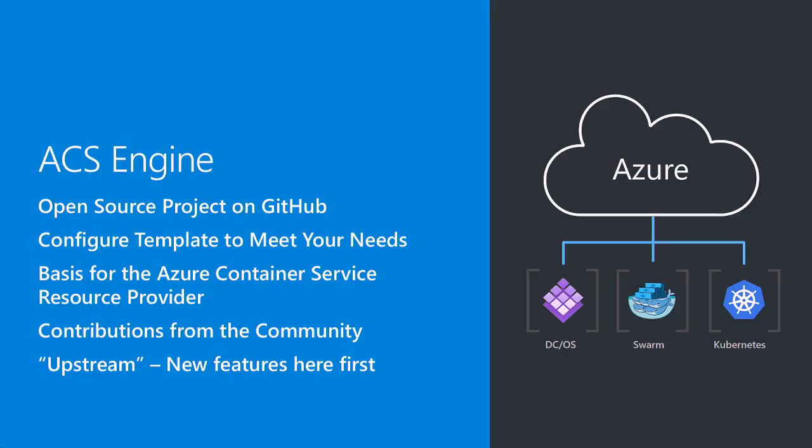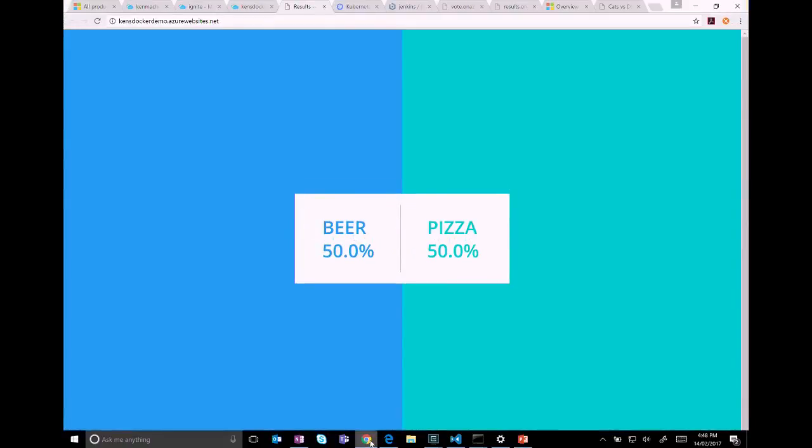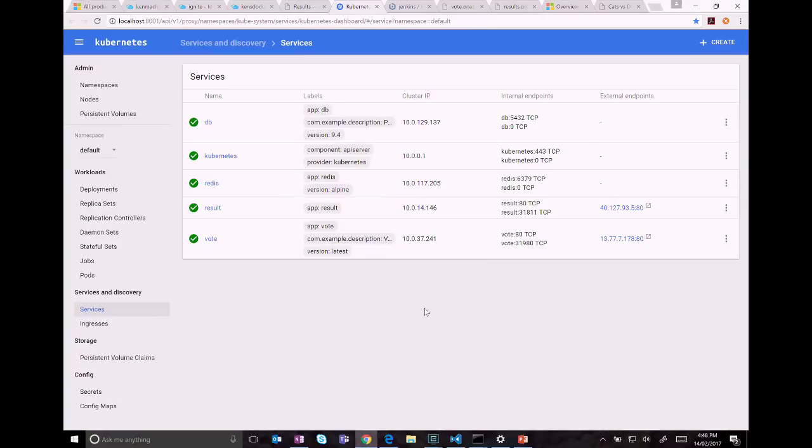So let's have a look at Kubernetes, because obviously that is my fave. Now, my recommendation if you're provisioning a Kubernetes cluster is you use the command line, the new command line, AZ, because it'll do a lot of stuff for you.